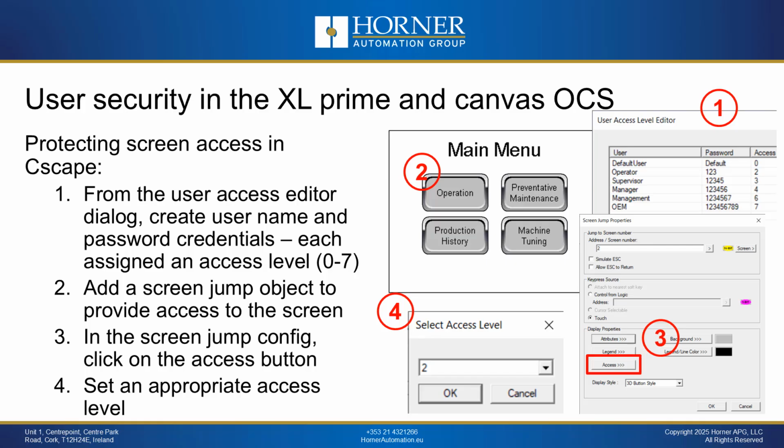In our example here, as you can see from step 4, we have set the access level to 2. What that could mean is that anybody at runtime who presses the button would have an access level of 2 or higher in order for the button to operate. So that is effectively the way you set up Cscape to protect a screen using the user security function.